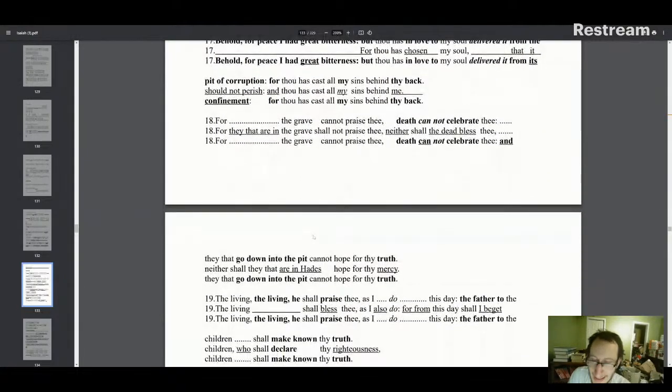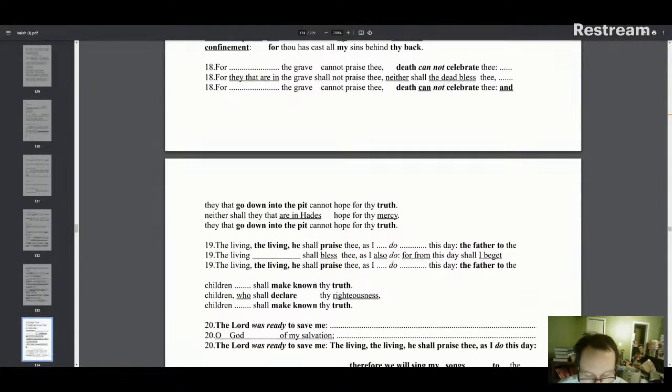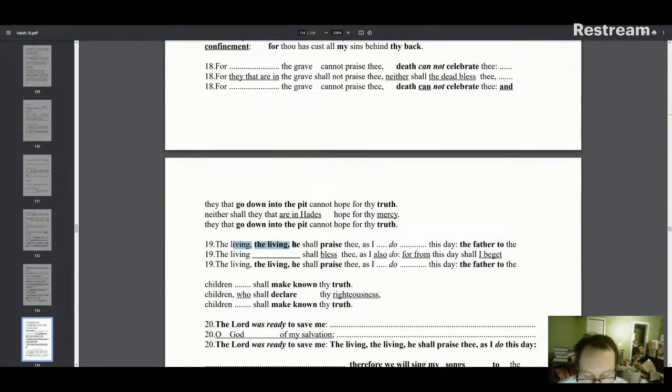Overall, the Septuagint has the appearance of high condensation and interpretation throughout the entire book of Isaiah. We do see also that repetition is often removed in the Septuagint. If it says living, living twice in a row, they just change it to one time.